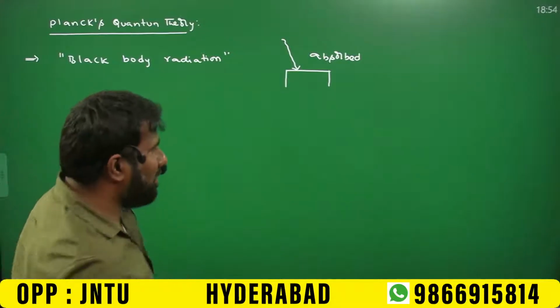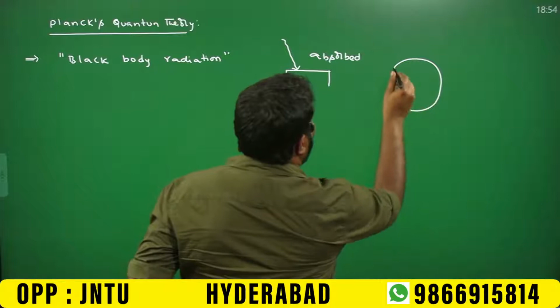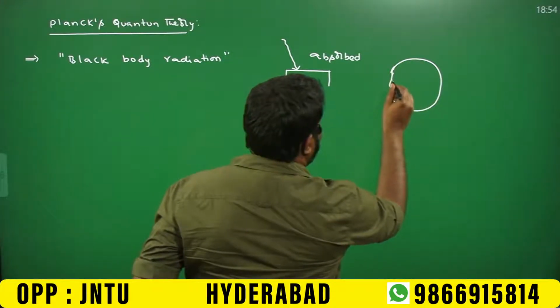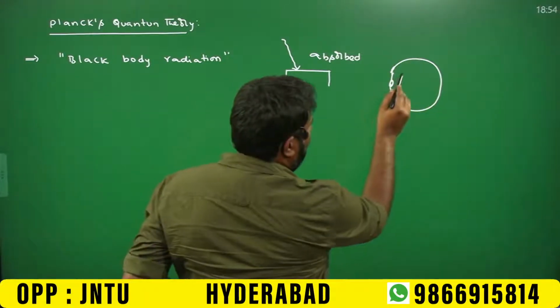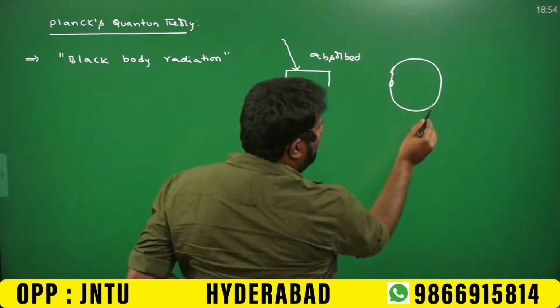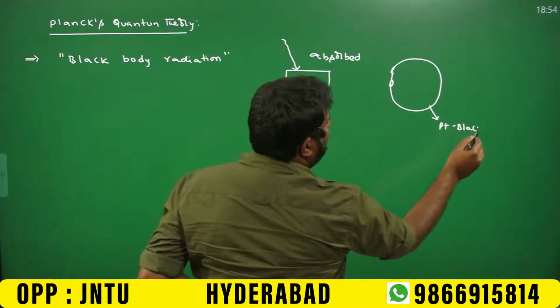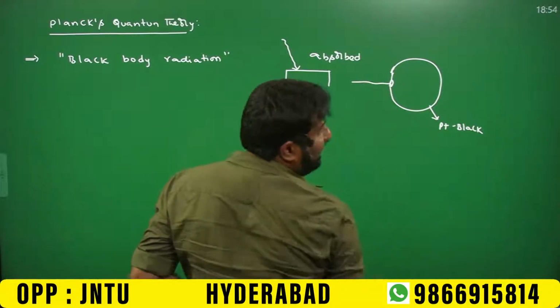So for that, we are going to prepare one sphere. A hollow sphere means an empty sphere, which contains a slit. Now the entire hollow sphere is coated with platinum black. Over this we are going to introduce certain radiation.